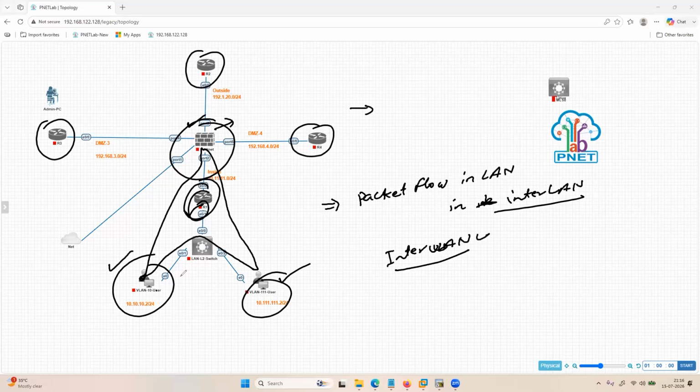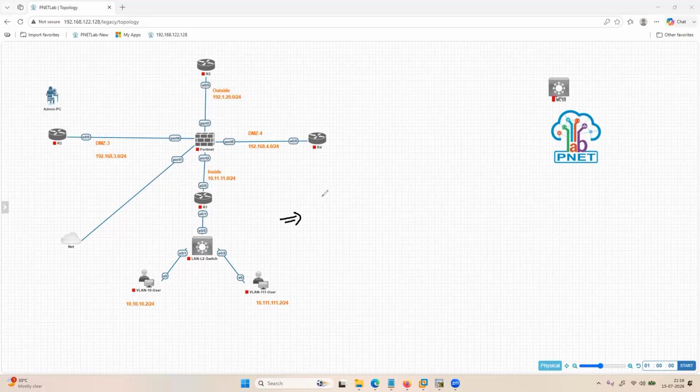So we'll be starting from very basic. And one thing I will give you that is very basic, that you have already seen in your CCNA or CCNP classes, that is known as packet flow, packet flow inside your enterprise. That we are going to see first of all.